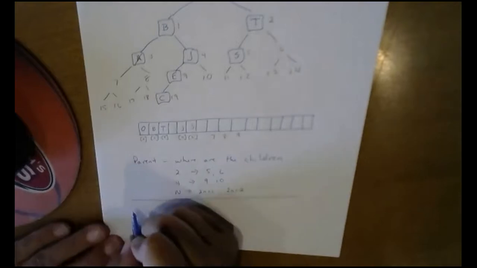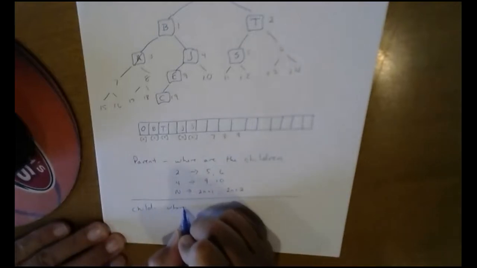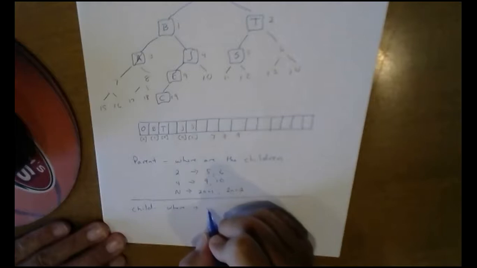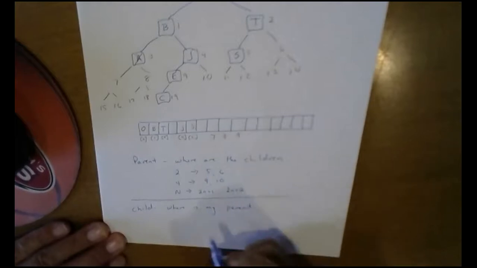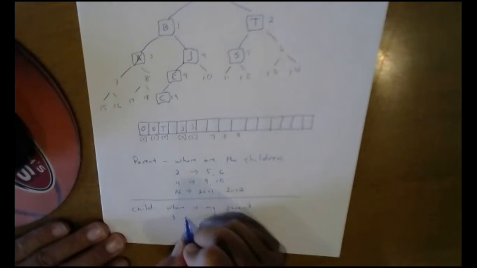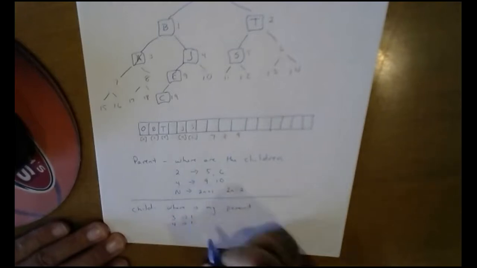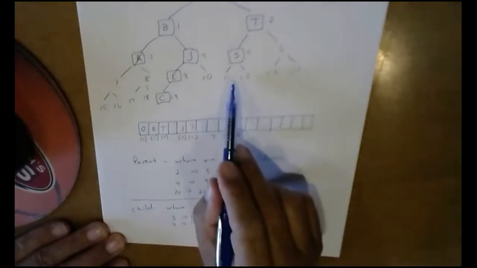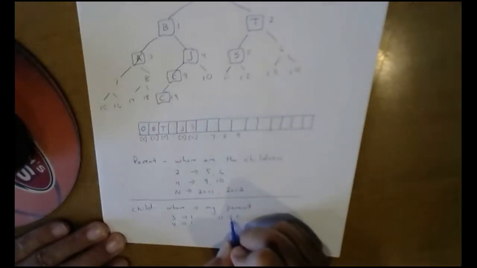Good. What if I was a child? Where is my parent? If I'm a child and I'm at 3, my parent is at 1. If I'm a child at 4, my parent was at 1. If I'm a child at 11, my parent was at 5.